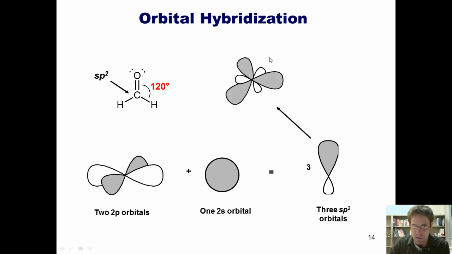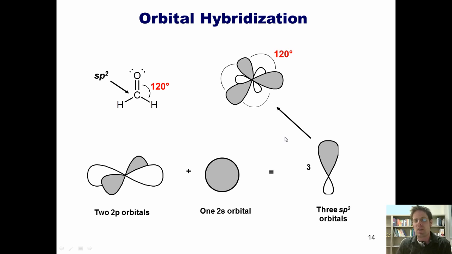This is supposed to be all in a plane with a beautiful 120 degree angle separating each of these lobes. Now you'll notice when we contrast this pattern with what we saw in the previous slide that carbon in this case left one of its 2p orbitals out. It only used up two of these in this hybridization process.